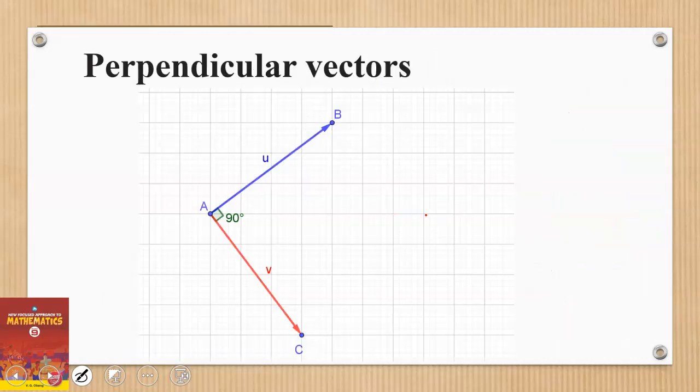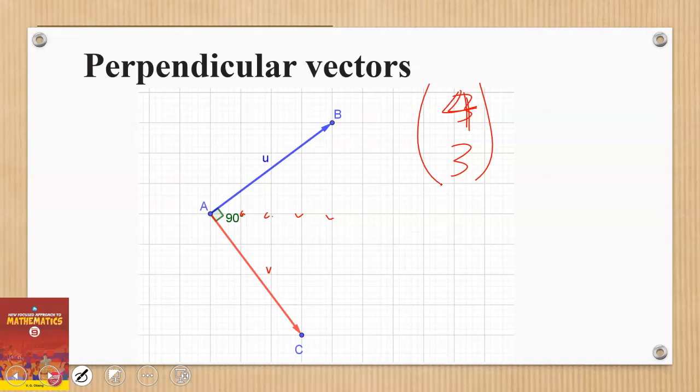Now, when we talk of perpendicular vectors, I have a vector u, which I can see to be the point (4, 3): 1, 2, 3, 4 and then 3. Now let's look at vector AC.